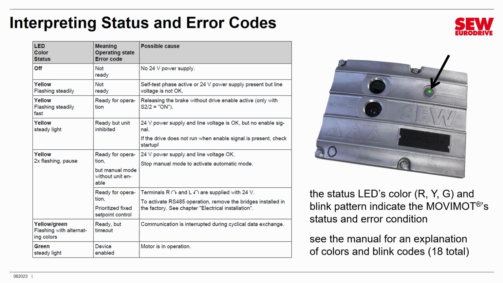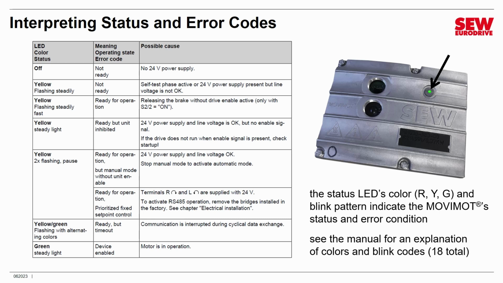That is quite a few. I'm not going to go through all of these. I'm simply going to refer you to the manual. There is a chart in the manual, and you can see the beginning of it right here, that interprets all the different color and blink patterns and what they mean. I'm going to talk about just a few of the most common ones.